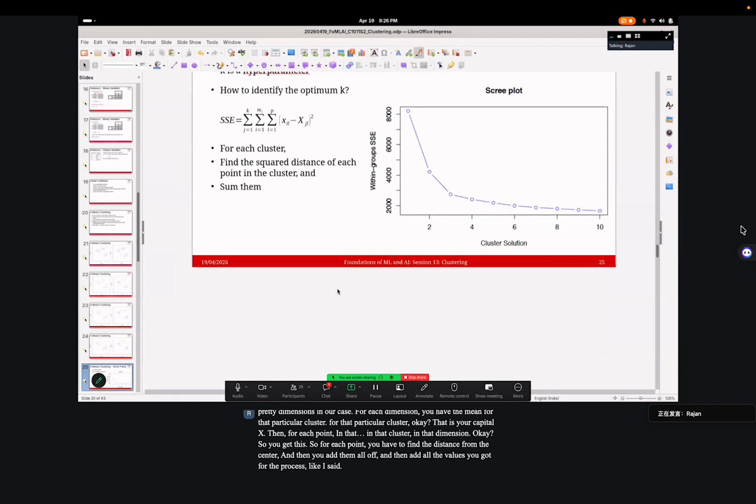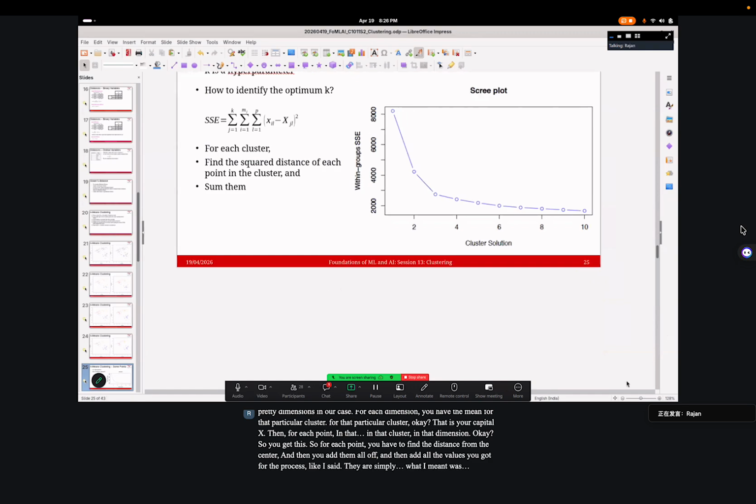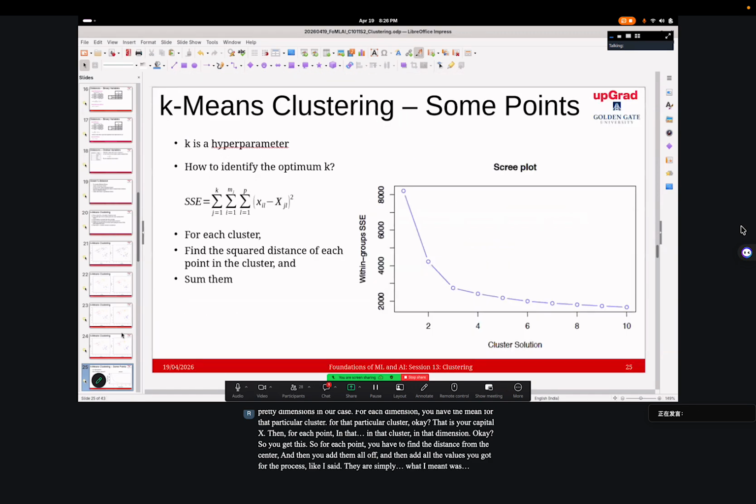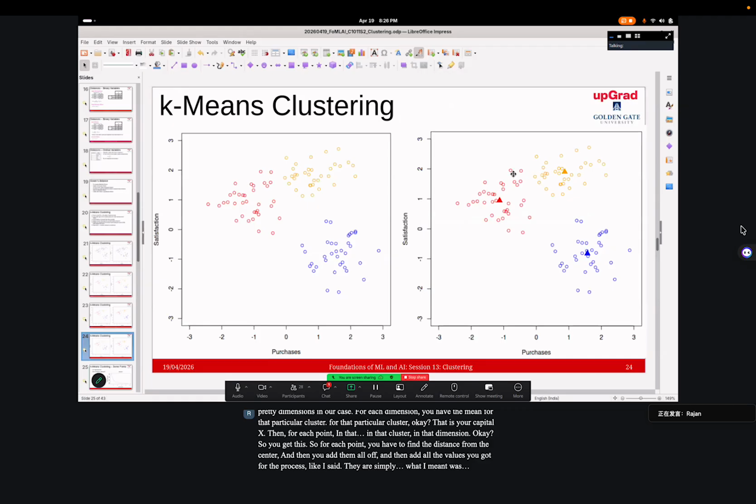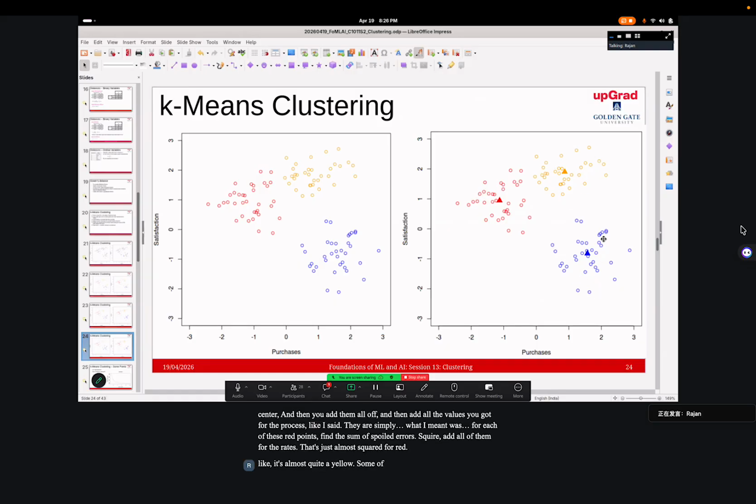Or simply, what I meant was that for each of the red points, find the sum of squared errors. Errors are measured with respect to the center. So distance squared, add all of them for the reds. That's the sum of squares for red. Likewise, sum of squared error for yellow, sum of squared error for blue.